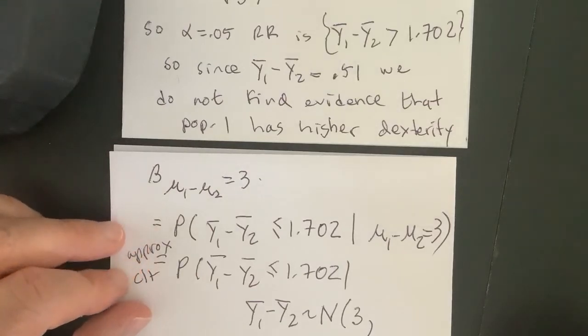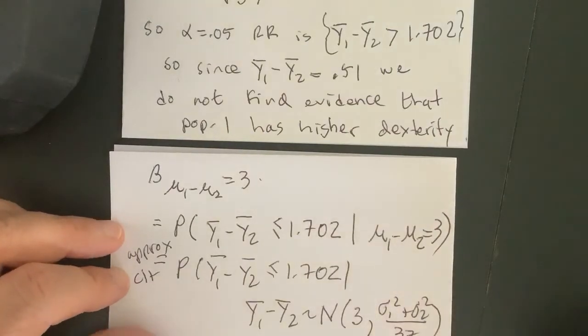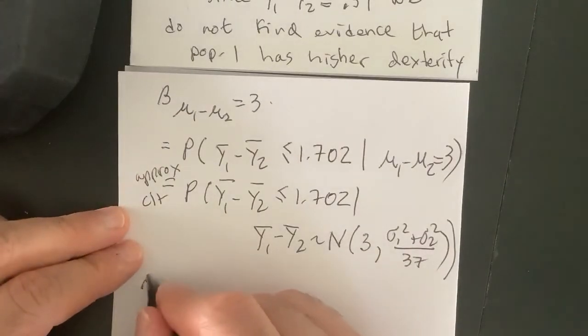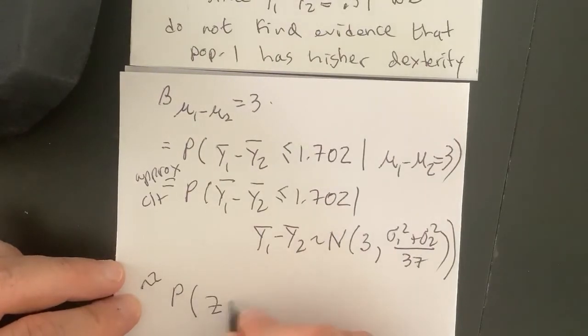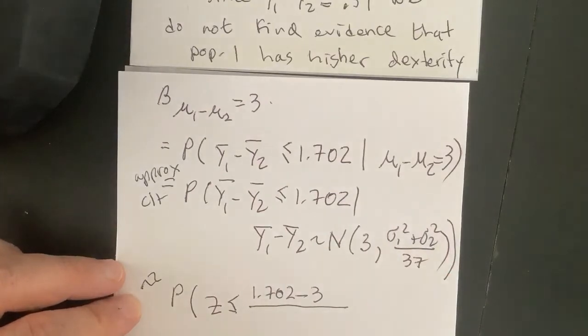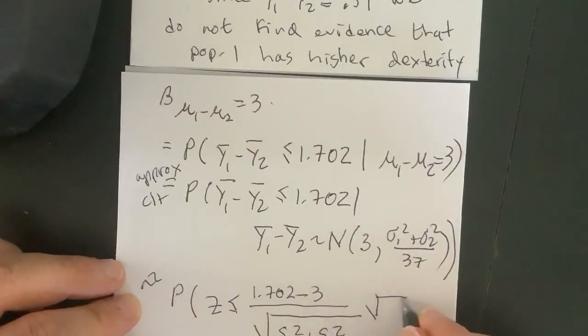So mean 3 and the variance would be, well, let's write it this way, sigma 1 squared plus sigma 2 squared over 37. We'll approximate that again with the sample deviation. So this is approximately the probability z less than 1.702 minus 3 divided by this whole thing, square root s1 squared plus s2 squared and square root 37 up here.